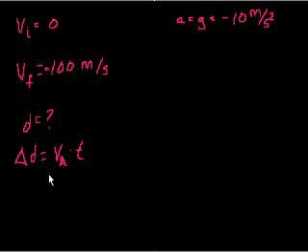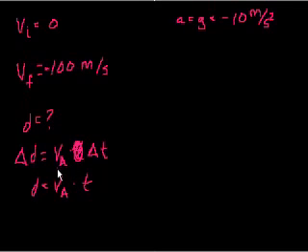I mean, velocity really is just distance divided by time, or actually change in distance divided by change in time. Change in distance divided by change in time is velocity. So actually, let me change this to change in time. But since we normally assume that we start at distance equal to 0, and we start at time equal to 0, we can write distance is equal to average velocity times time.